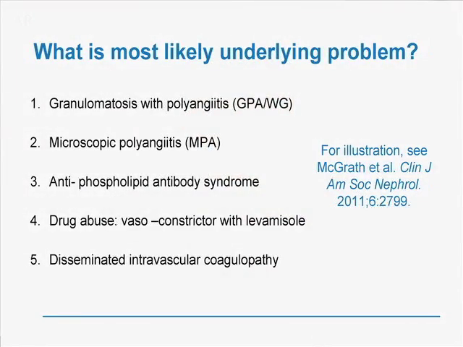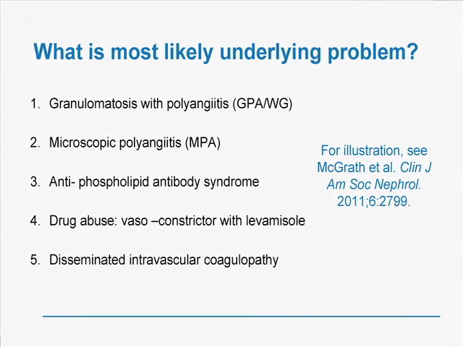But for those of you who might know, I would ask, what is the most likely diagnosis? And for those of you who don't know, I'll make this multiple choice. So could this be granulomatosis and polyangiitis, which is the new name we have given to Wegener's granulomatosis?